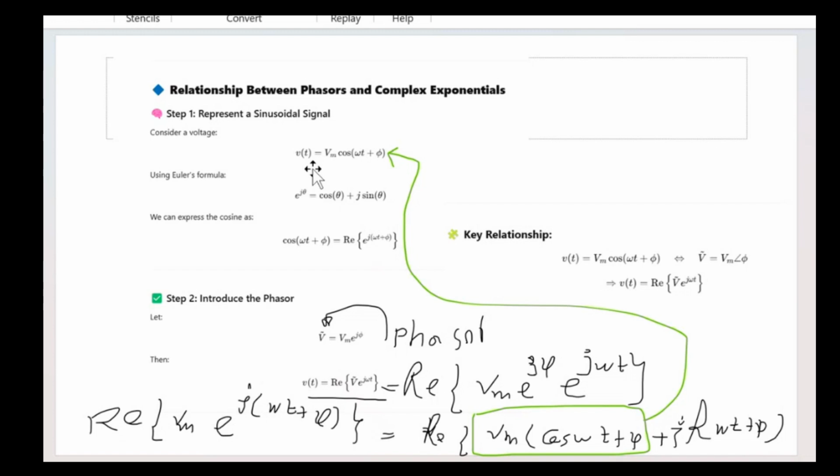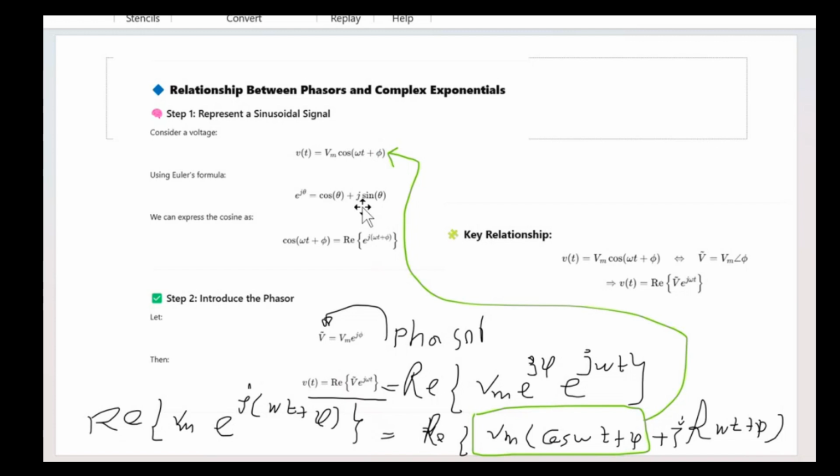inputs. Let us assume that our AC input, in particular voltage, is defined as V equals V_M, where V_M is the magnitude, times cosine of omega t plus phi. We can convert this time domain function into a complex expression using the Euler formula.